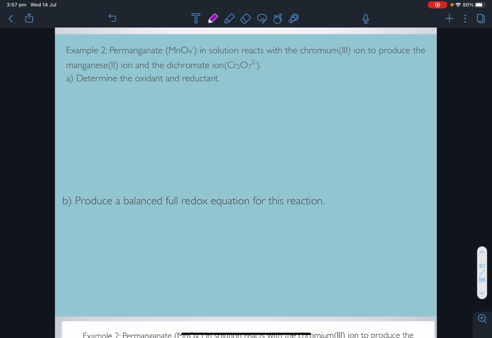Permanganate in solution reacts with chromium 3 plus ions to produce the manganese 2 plus ion and the dichromate ion. Alright, so MnO4 minus goes to Mn2 plus, and we've got the opposite of what we were talking about before.